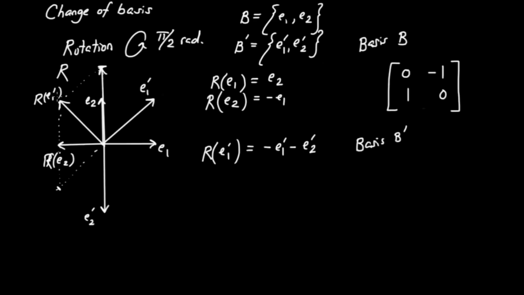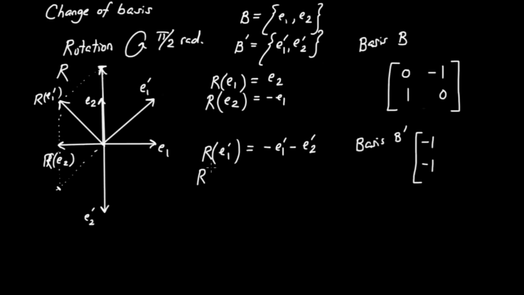So that's simply this vector expressed in a different basis. But what are the coordinates there? It's minus 1, minus 1. Therefore, the first column, R of E1 prime, is going to have entries minus 1, minus 1.